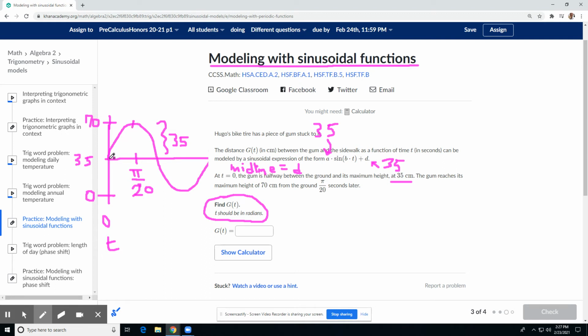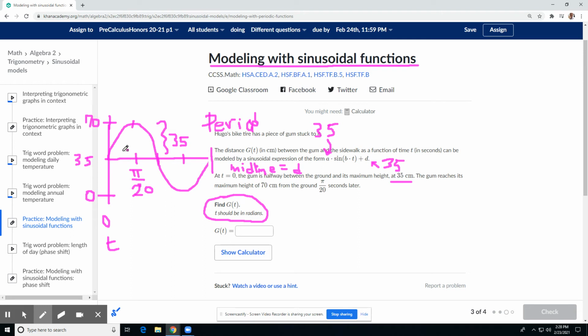So sine starts at 0, hits a max, hits that 0 again, or that midline, goes down and then up. So then this is our period right here. How do we know what the period is? How long does it take to repeat itself? Well, it had a max at pi over 20. So that means every pi over 20, it's having one of those important points.